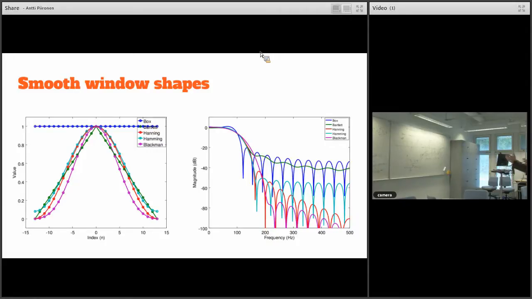So it's basically a compromise between transition bandwidth and stop band attenuation. The stop band attenuation you can affect only by selecting a correct window. Transition bandwidth you can actually affect otherwise. A couple of pictures and then I'll explain.